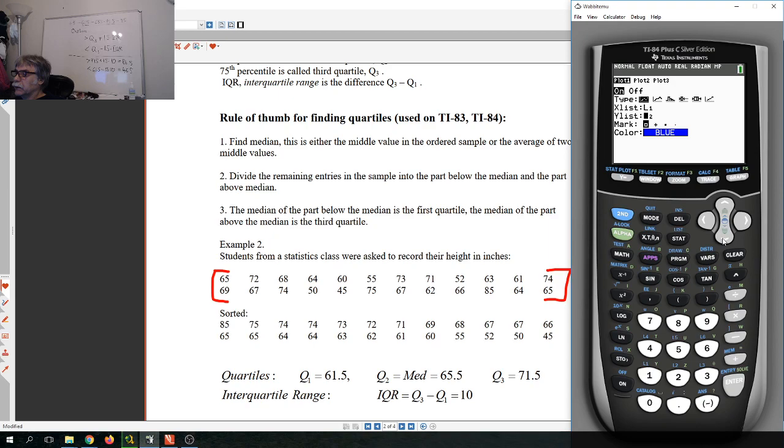I don't have another list. You can leave this the way it is, or you can clear it. I think you can clear it, right? Oh, it doesn't allow me to move any further, so I need to leave it the way it is. So L2. Now I have the mark I'm going to use.